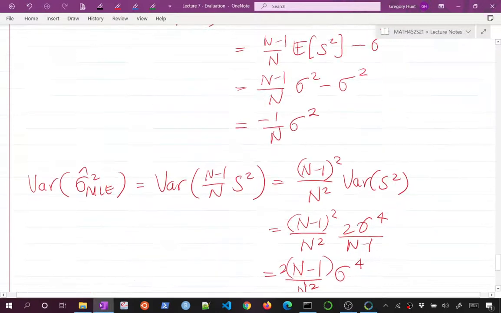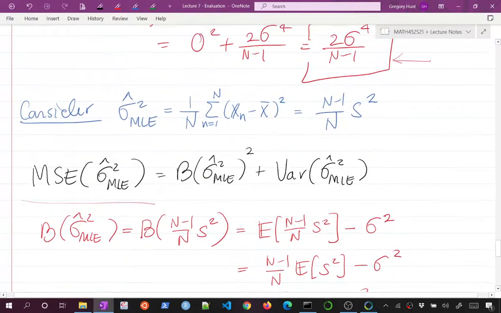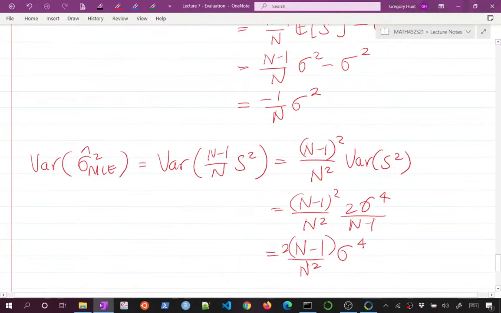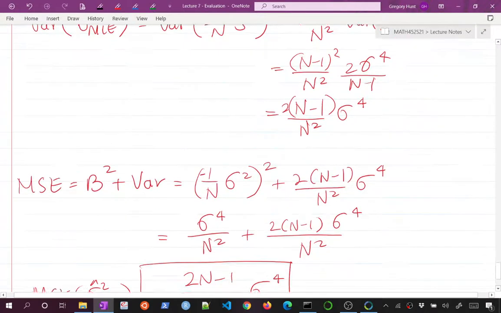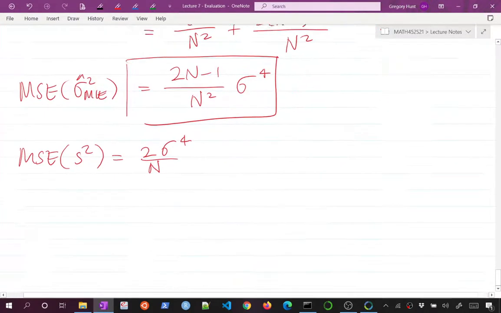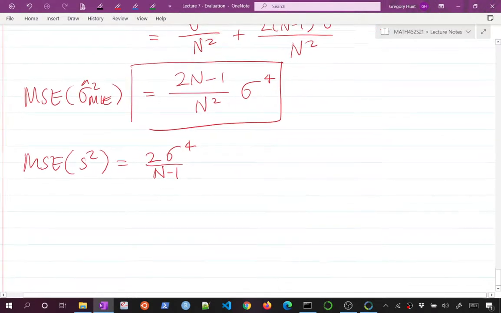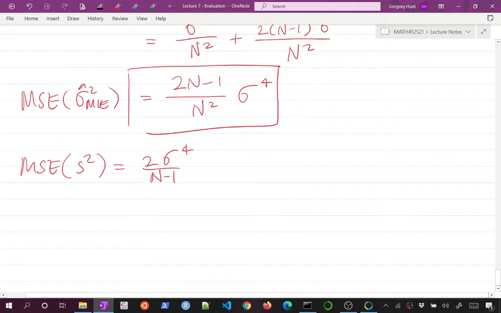What was the formula? Okay, over n minus 1. So we want to compare these. And unfortunately, they have different denominators, so it's not that straightforward to compare. So which is smaller?